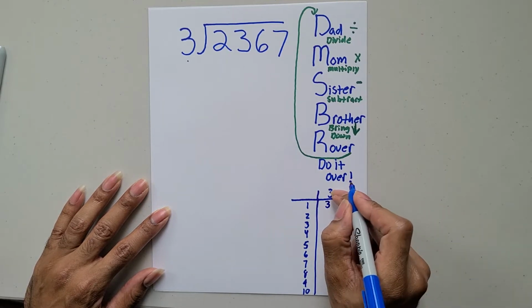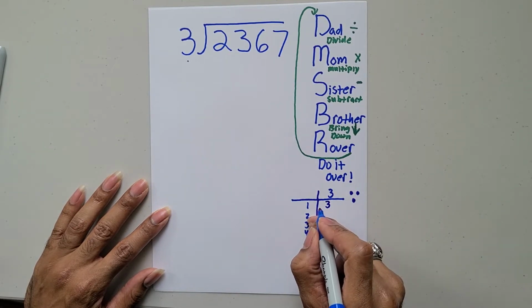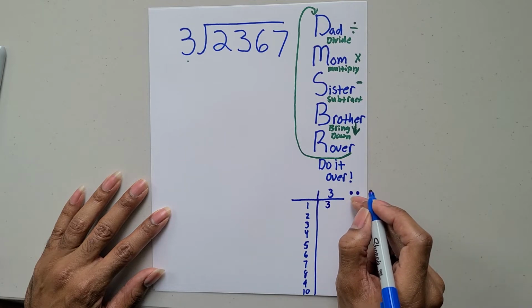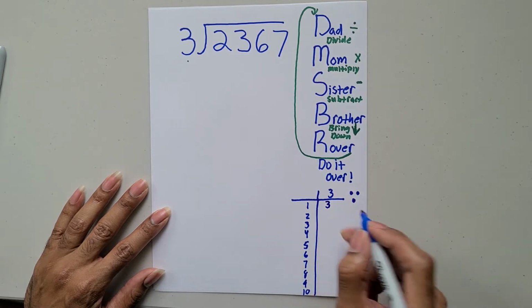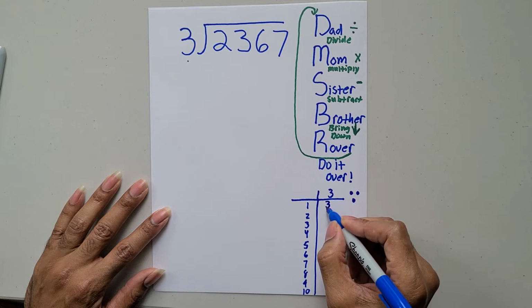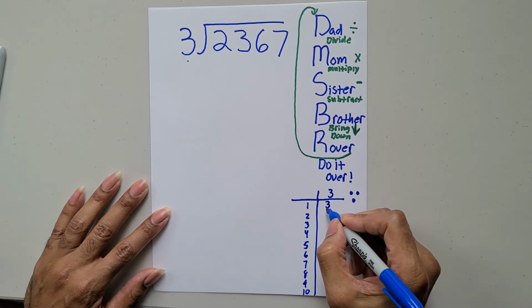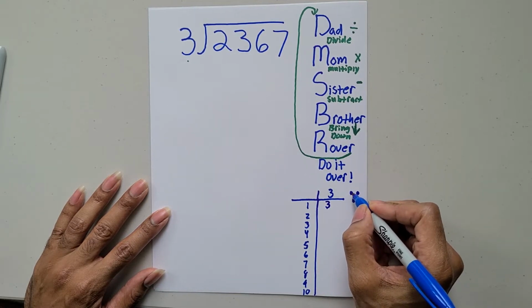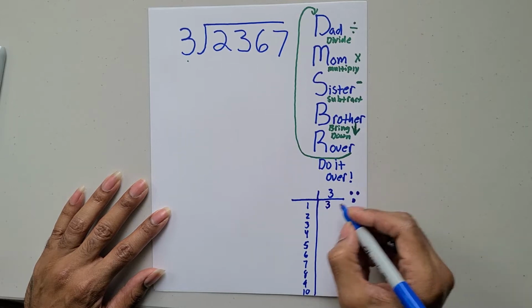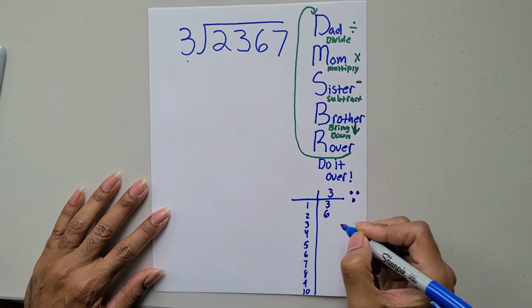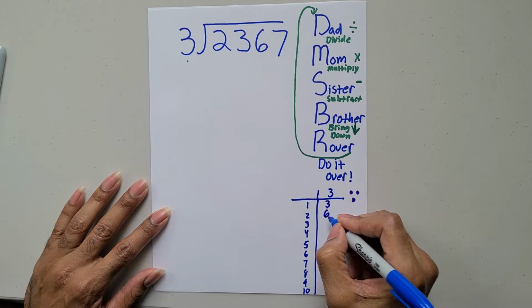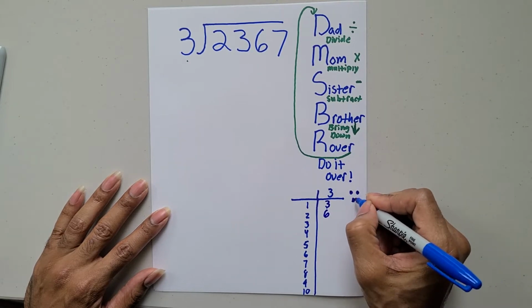If I do 3 times 2, well, all I need to do is add 3 dots to my number 3. Now, 3 plus 3 is 3, right here, 4, 5, 6. 6 plus 3, 6, 7, 8, 9.